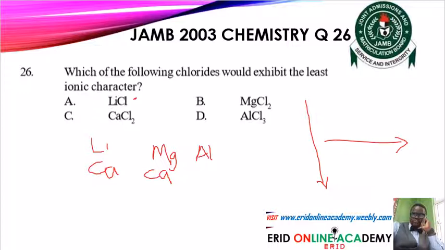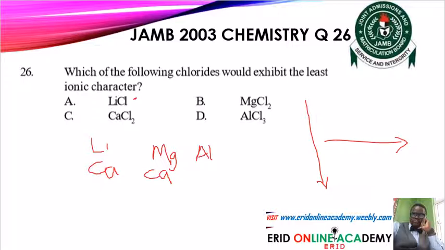So, if you have two metals to compare, the metal that falls on the left-hand side of another metal in the periodic table will have a lesser metallic character.